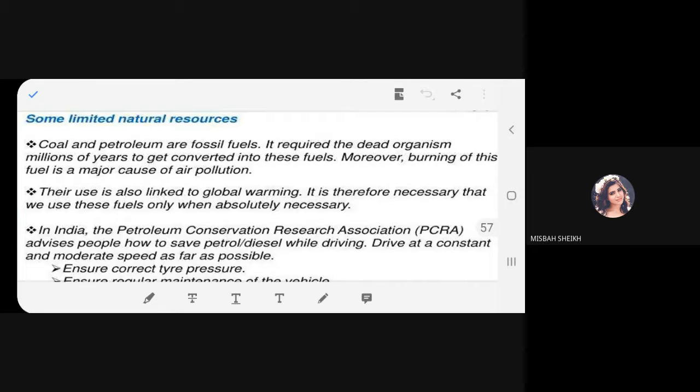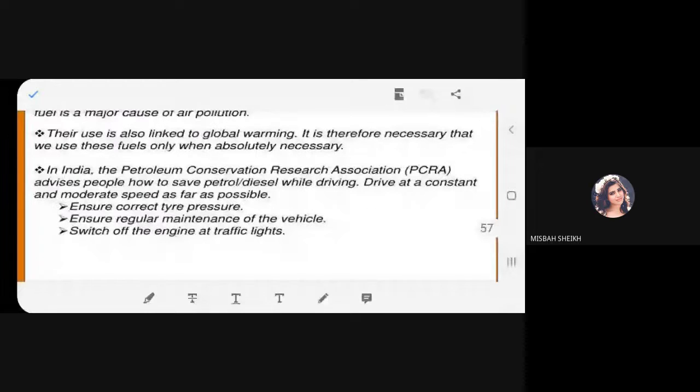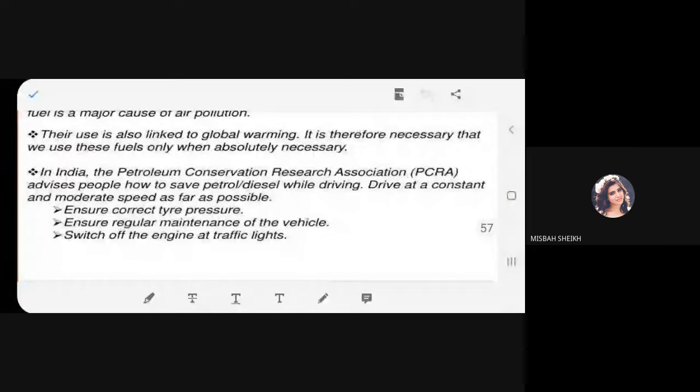In India, the Petroleum Conservation Research Association (PCRA) advises people how to save petrol or diesel while driving. Drive at a constant and moderate speed as far as possible. Ensure correct tire pressure. Ensure regular maintenance of the vehicle. Switch off the engine at traffic lights.